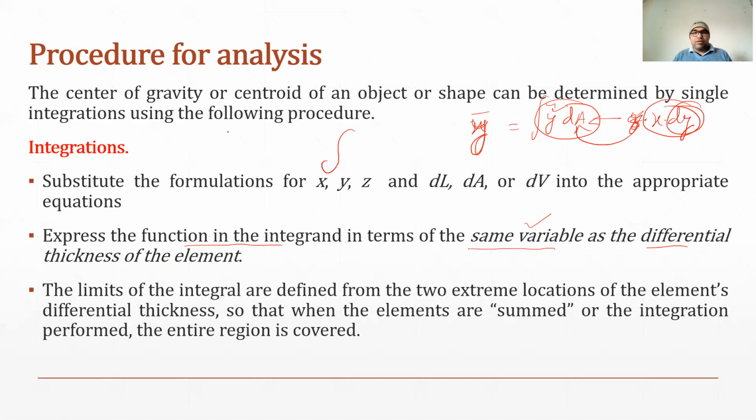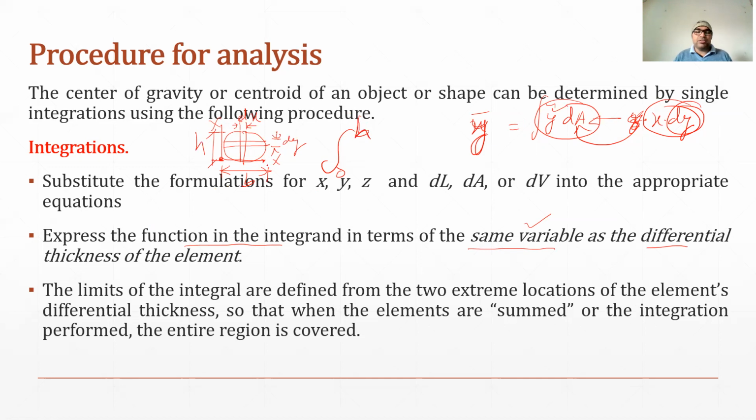Say, for example, again, if this is the x-axis, y-axis, and there is this area, and there is a strip with differential thickness dx, then the limit will be 0 to b, if I consider this as b. Similarly, if I make a horizontal strip, which will have differential thickness dy, then we will see this vertical limit, say this is h, and the limit will be 0 to h.